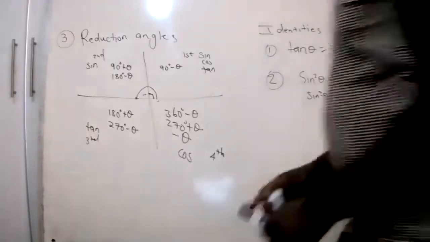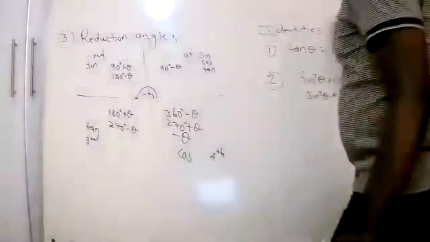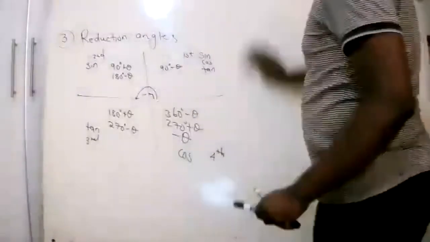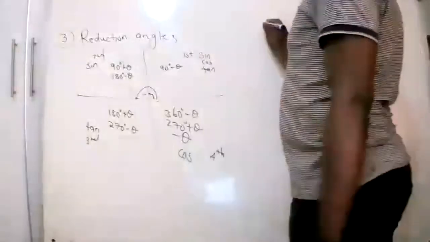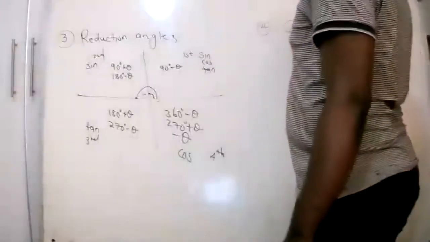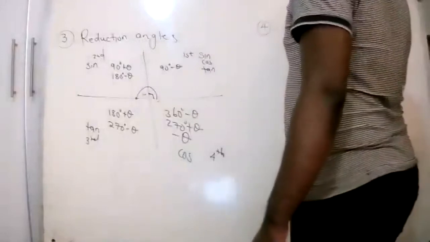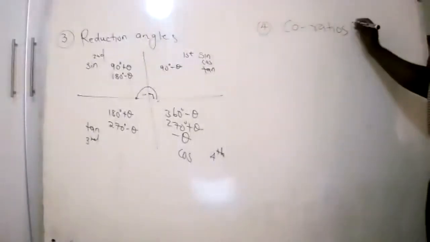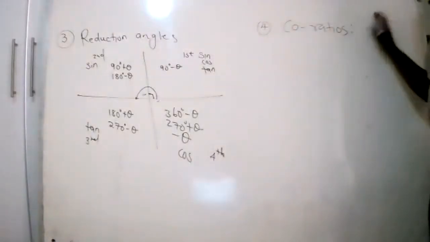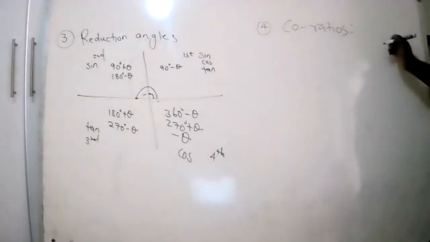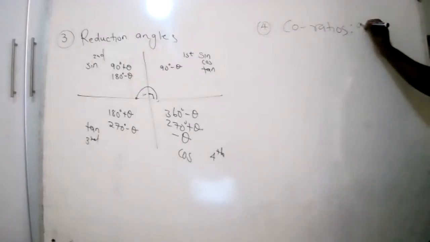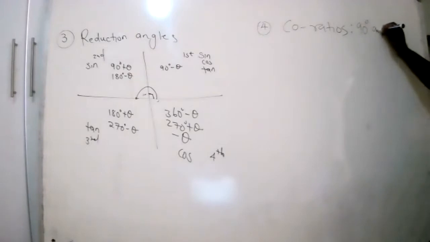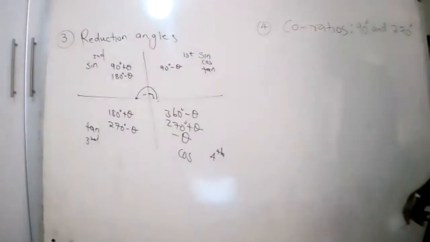So while we are still under reduction angles, I would like to give what is called the core ratios. Core ratios have a direct link with the reduction angles. When we refer to core ratios, we are referring to angles like 90 degrees and 270 degrees.